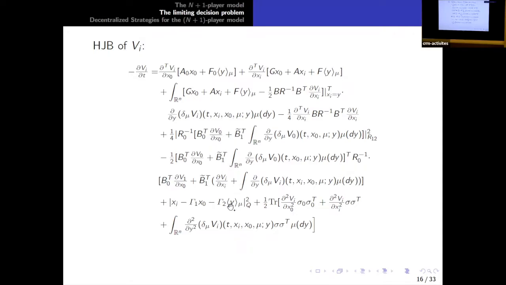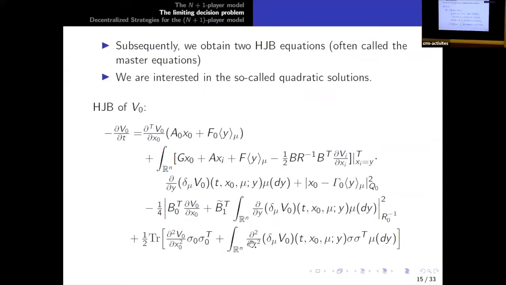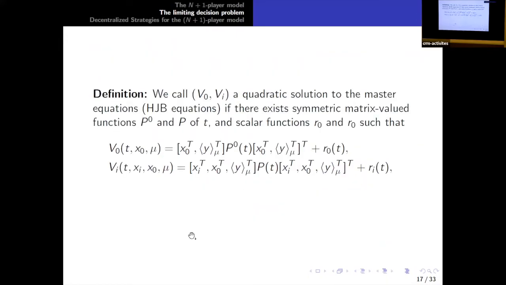And actually for the two equations, in our later calculation, we can show the last two terms with the second derivatives for this term and also this term. They will disappear. They are equal to 0. So now let's check for this particular LQ case, what kind of a solution we want to look for.